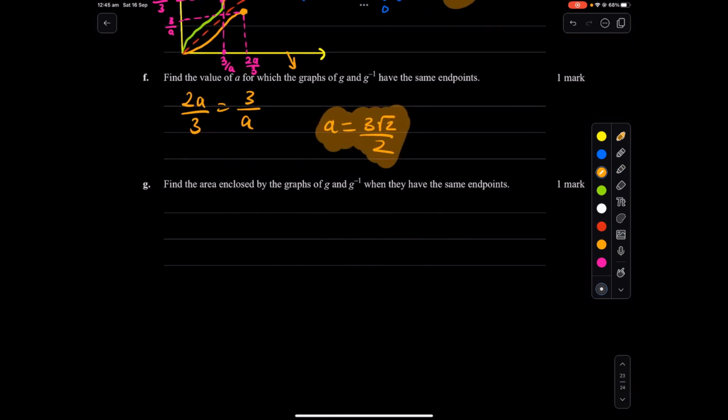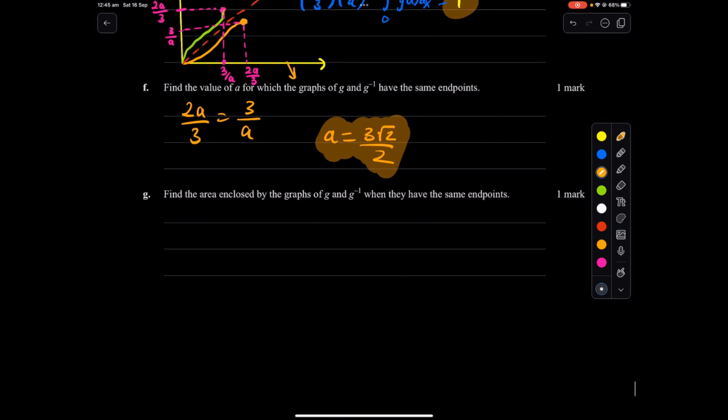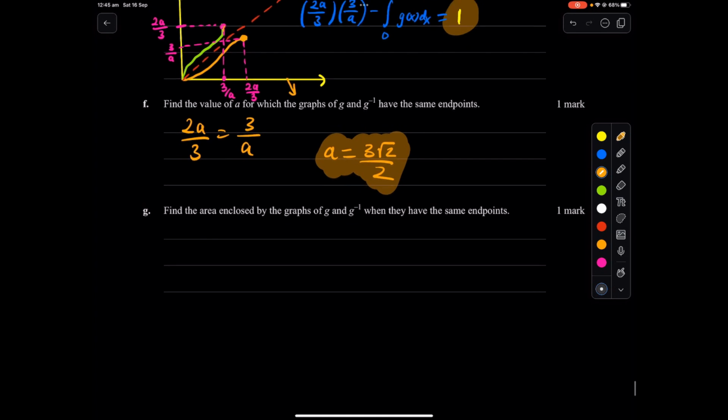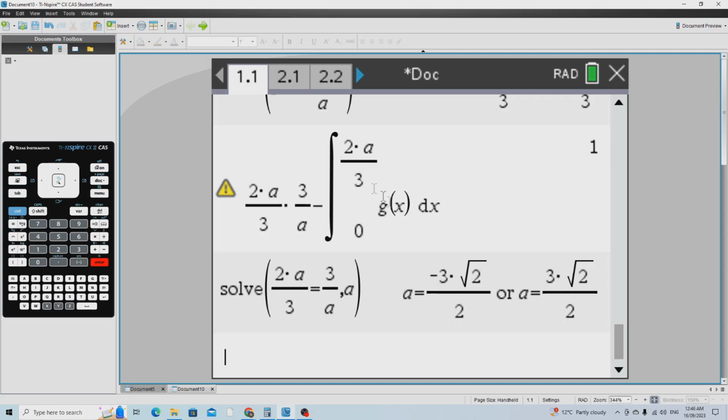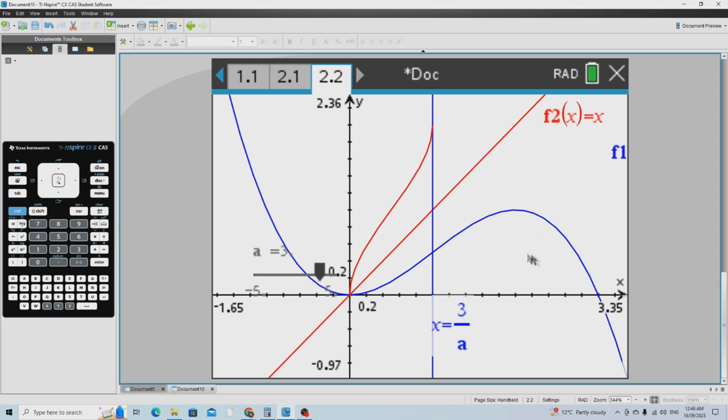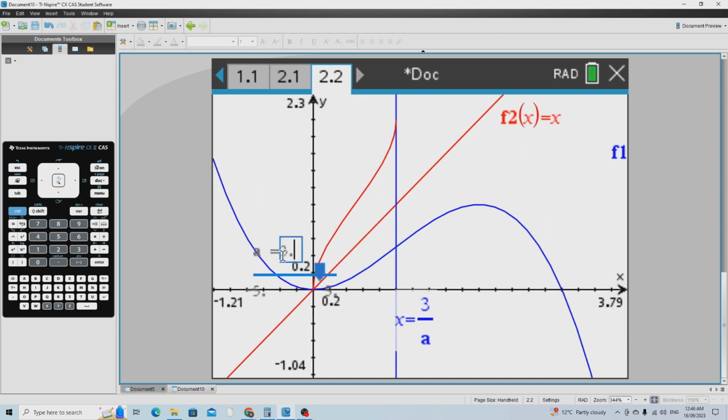Find the area enclosed by the graph of G and G inverse when they have the same endpoint. So, okay. Now because we know the value of a when they have the same endpoint, I think I can do this on the calculator.